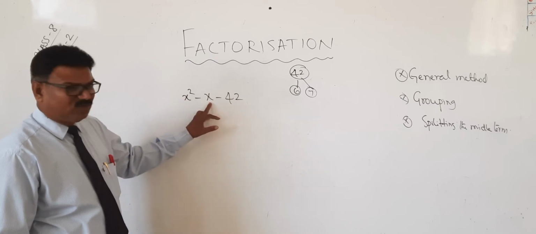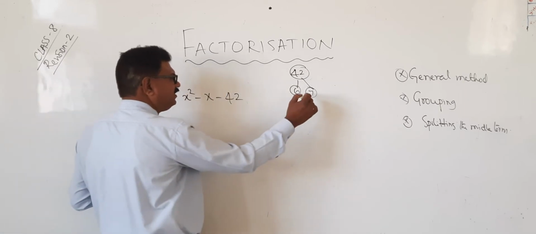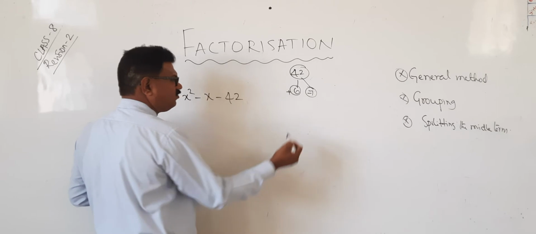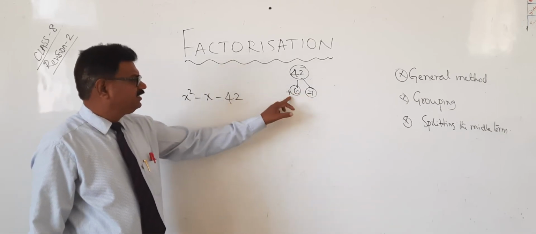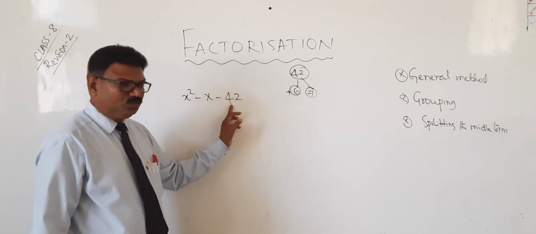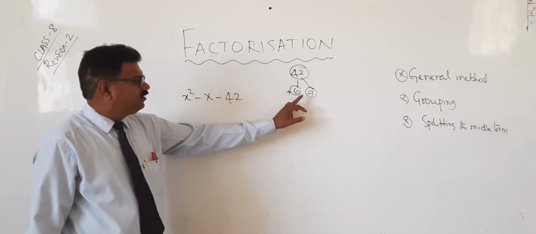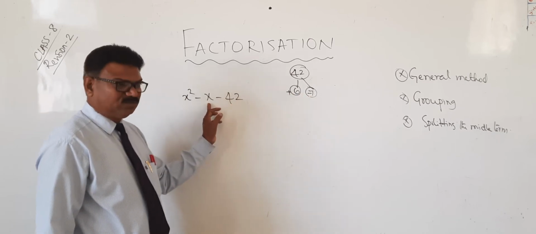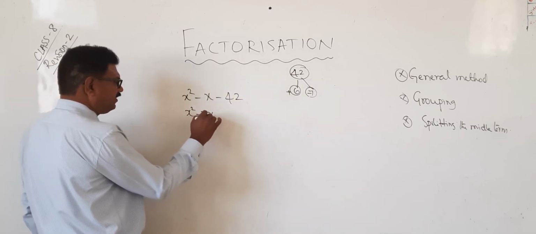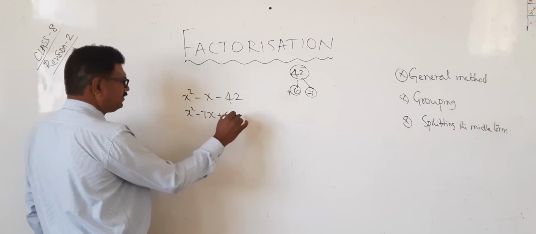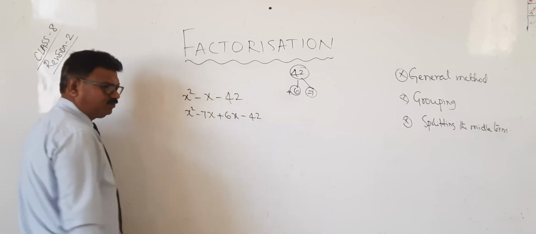Now we want minus 1. Which is the highest here? This is minus and this is plus. Plus into minus is minus. 6 into 7 is 42. 6 minus 7, that is minus 1. Over. Therefore, x square minus 7x plus 6x minus 42.